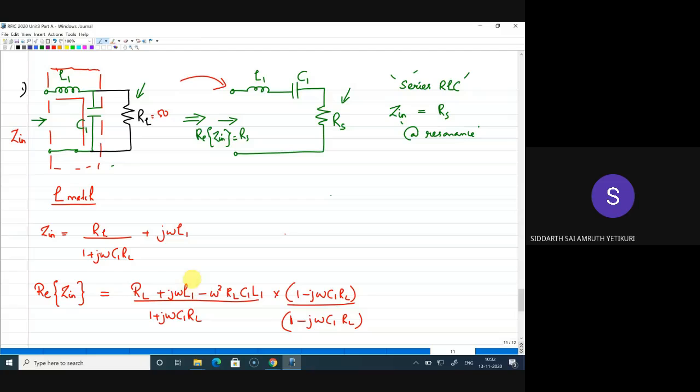So is it r squared c omega by 1 plus r squared c square omega square? What is the imaginary component, sir? I am trying to take the imaginary components from this equation.